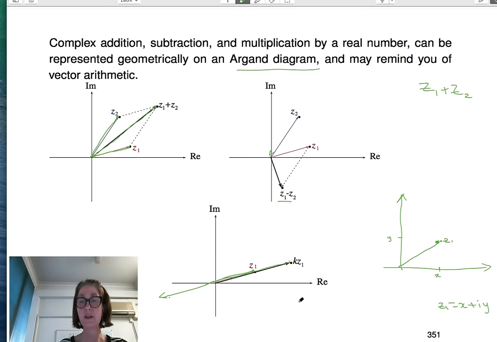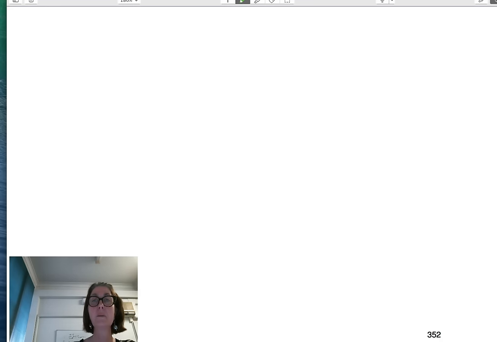So thinking about this in terms of vectors is a good way to think about it if you're drawing complex numbers in the Argand plane.